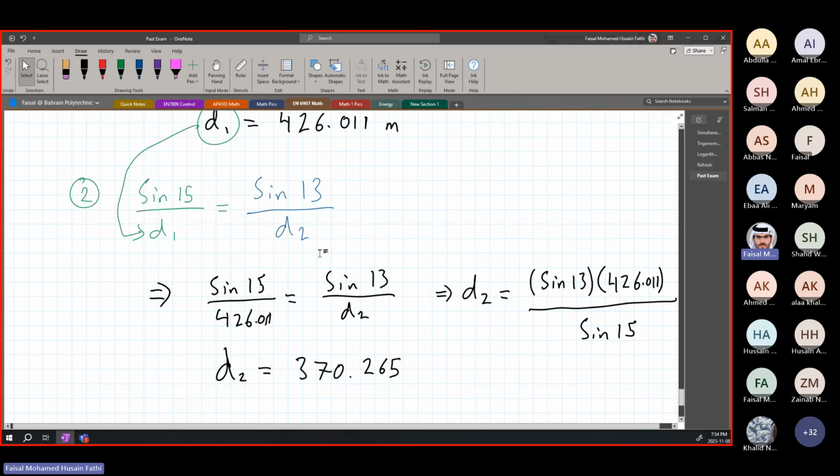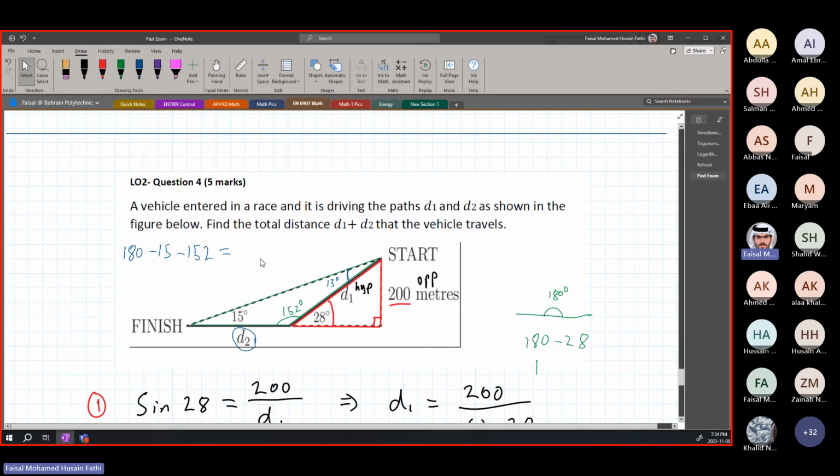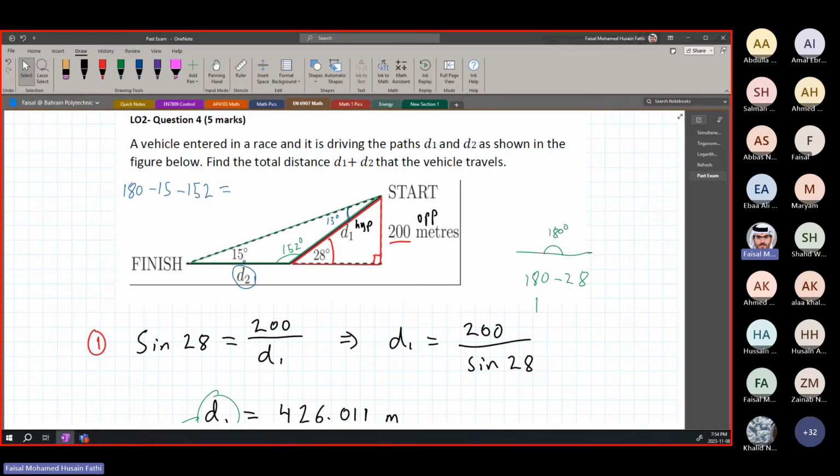How did we find the angle 13? Just a reminder: angles of a triangle. If you have a triangle, in this case, 180 degrees for a triangle, so this angle plus this angle plus this angle need to be 180 degrees. Let's call them A, B and C. So A plus B plus C is equal to 180 degrees.